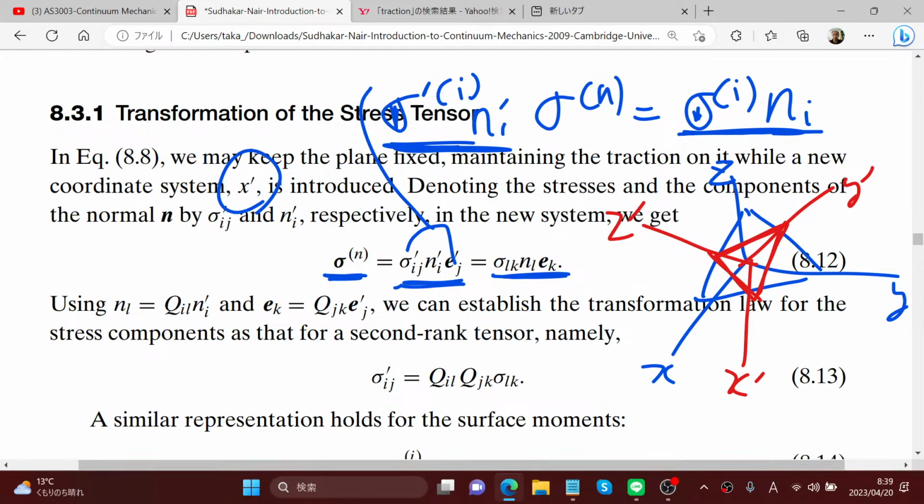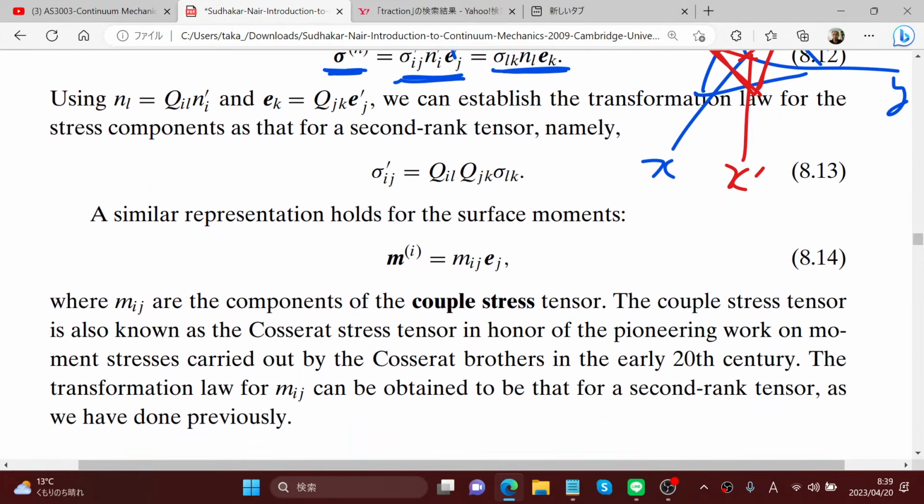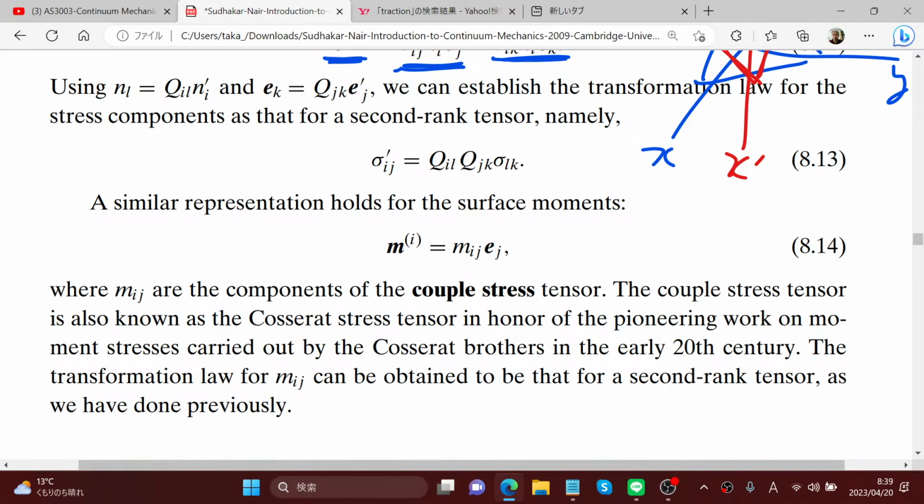A similar representation holds for the surface moment, where Mij are the components of the couple stress tensor. The couple stress tensor is known as the Cosserat stress tensor in honor of the pioneering work on moment stresses carried out by the Cosserat brothers in the early 20th century.